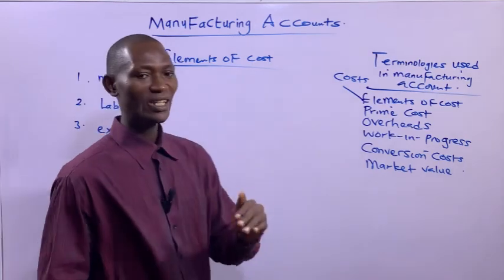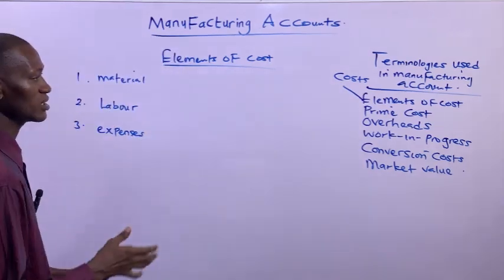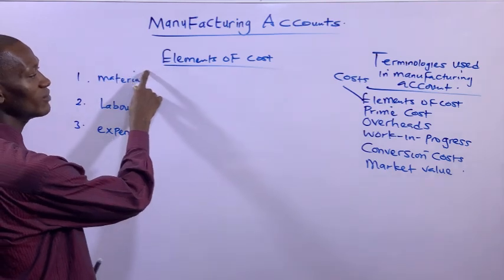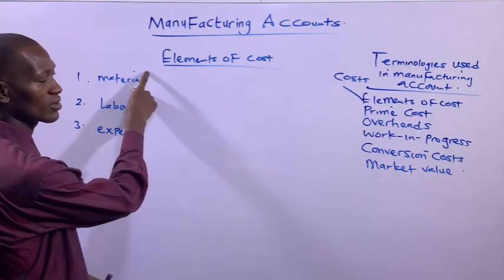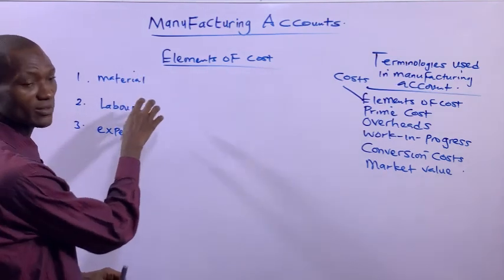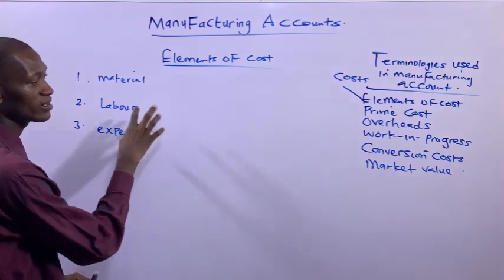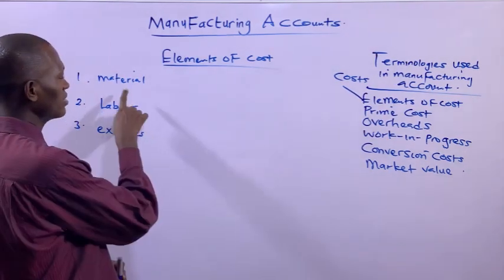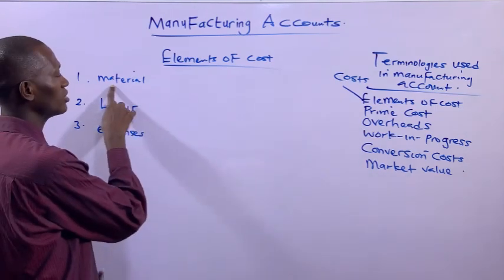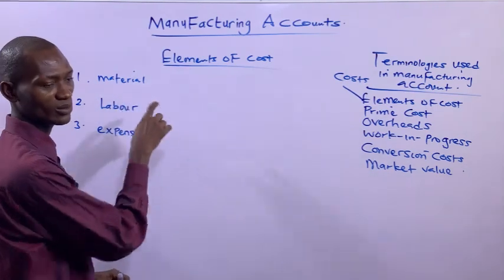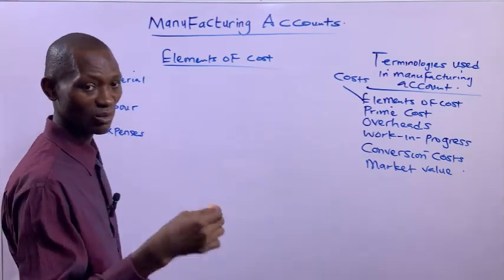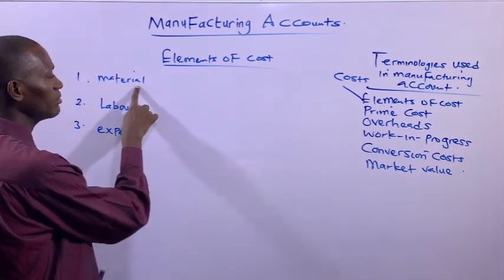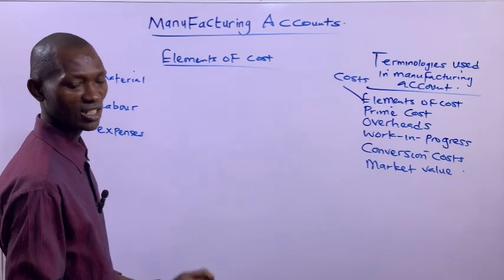So you can have indirect material costs, you can have indirect labor costs, and indirect expenses. So that means, in a nutshell, the total cost of material that is incurred or that is spent money on in producing goods or services can either be direct or indirect.